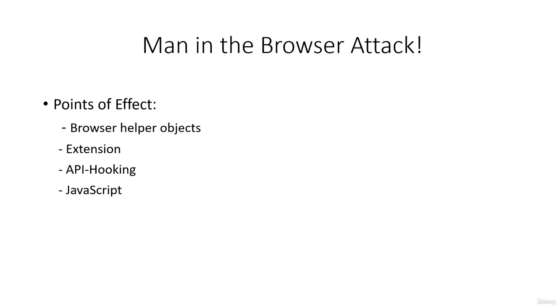This is the technique used by man in the browser to perform its man in the middle between the executable application like an exe and its libraries like a DLL, and the JavaScript, by using a malicious extension.